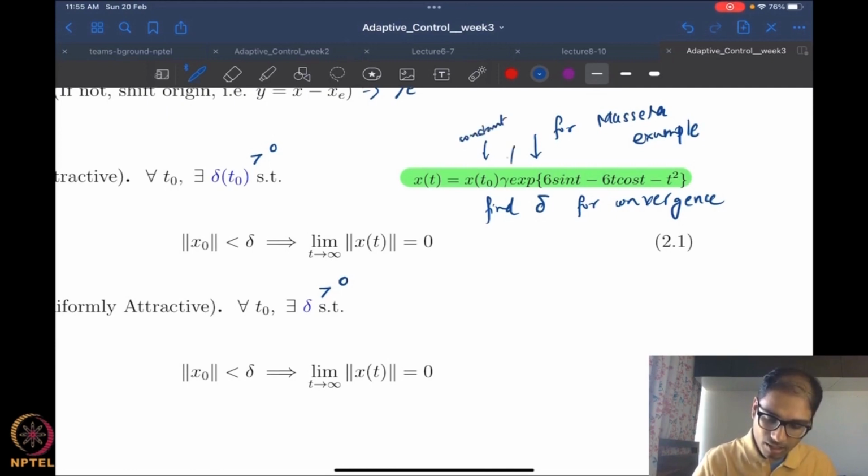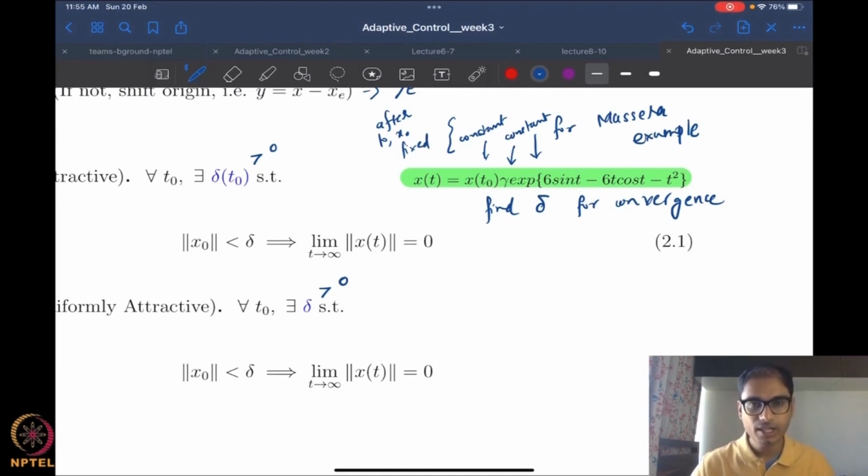Similarly, gamma is also some constant. For a particular choice of t0 and x0, it doesn't matter what these choices are, once I've chosen them, these two are constant quantities. They're not changing with t. Notice they're not functions of t, so there's no t dependence in either of these.